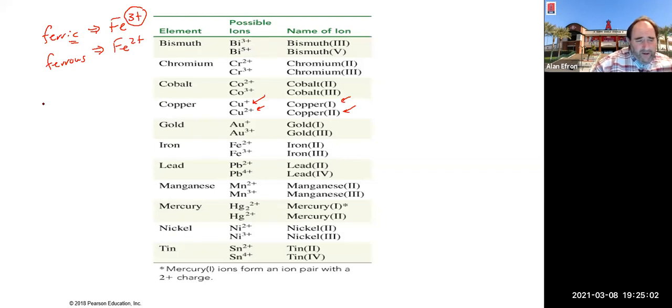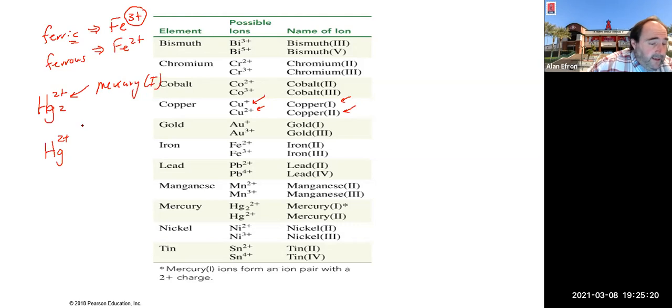One that's kind of weird in terms of that is mercury. Mercury like this and mercury like this. Oddly, the mercury that has all the 2s is actually mercury 1. And the mercury that has just the one Hg is the mercury 2 ion.